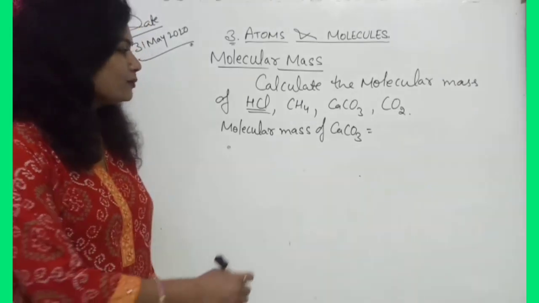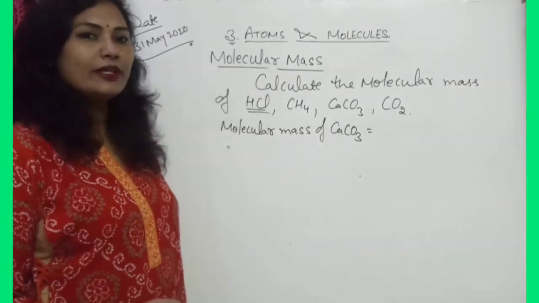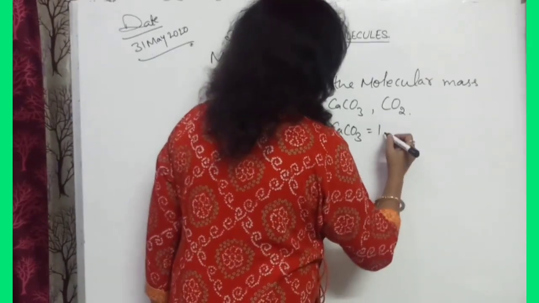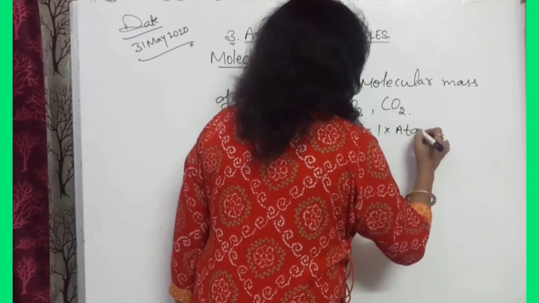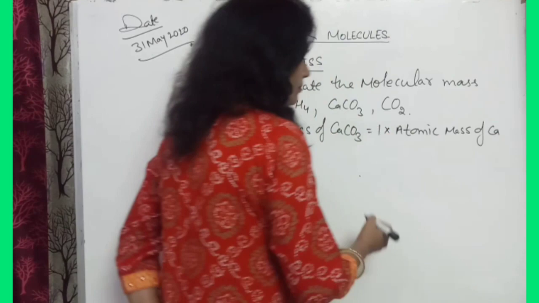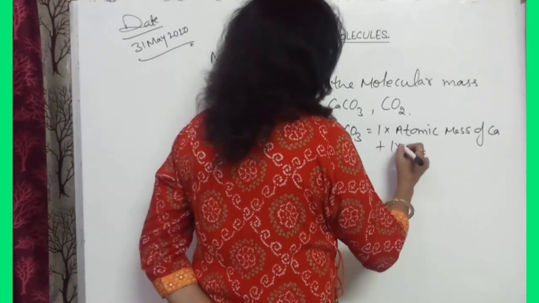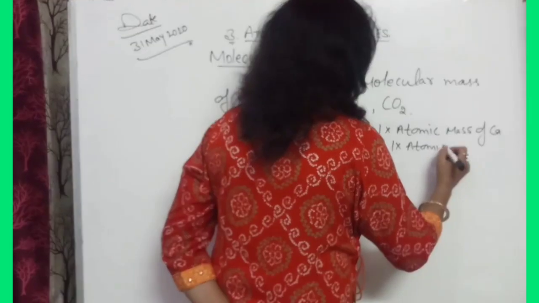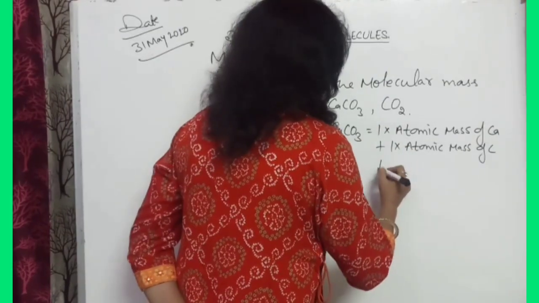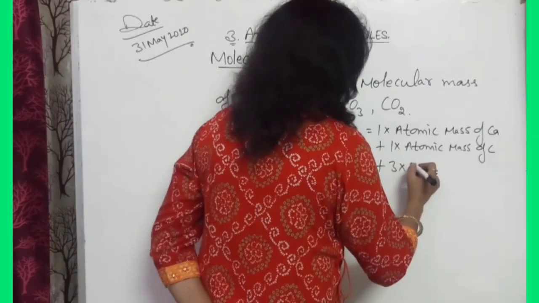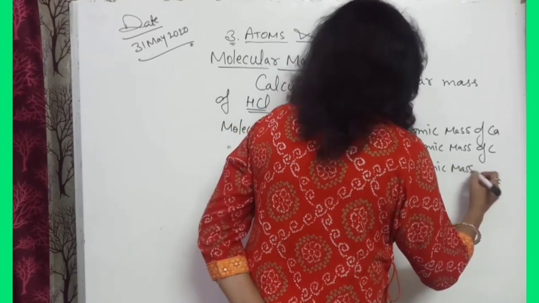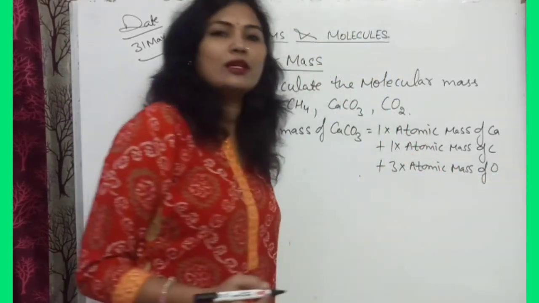Now we can calculate the molecular mass of CaCO3, that is calcium carbonate. We can find it as 1 into the atomic mass of Ca atom plus 1 into the atomic mass of C atom plus 3 into the atomic mass of O atom, oxygen atom.